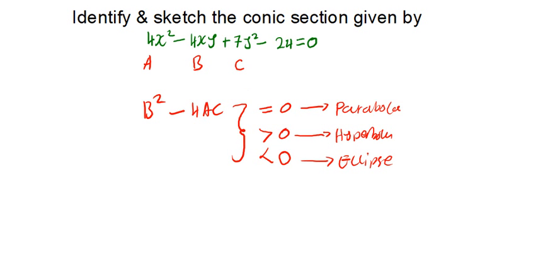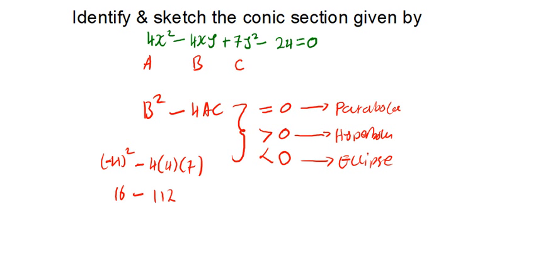So what happens here is that we have observed our b is minus 4. So we say minus 4 squared, minus 4 times a, which is 4, times c, which is 7. You observe that here is just positive 16 minus 16 times 7, which is 112.